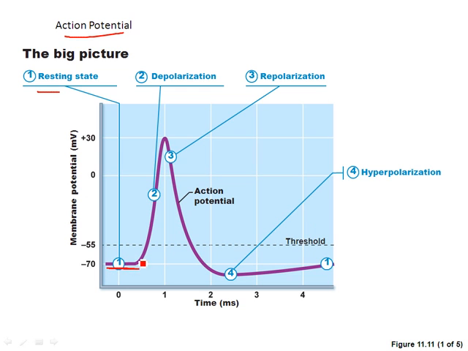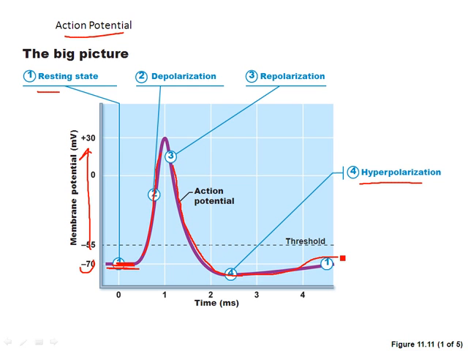Your second step is called depolarization, where the membrane potential is becoming more positive. Then you have repolarization, where the membrane is becoming more negative. Then you have hyperpolarization, where it goes below the original level. It overshoots the original level before it goes back to where it was.